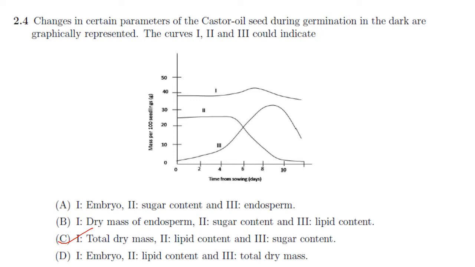Lipid content will decrease drastically during germination. So 2 must be lipid content and 3 must be sugar content. It increases up to a certain limit and then decreases. So the answer will be option C: total dry mass, lipid content and sugar content.